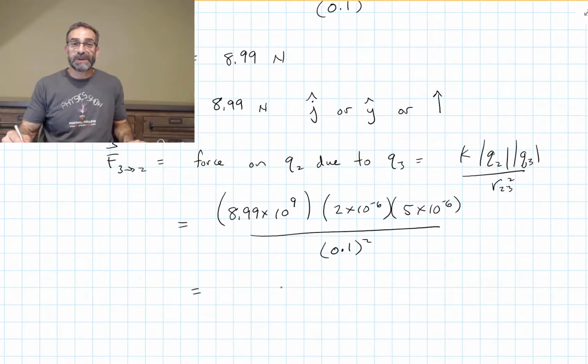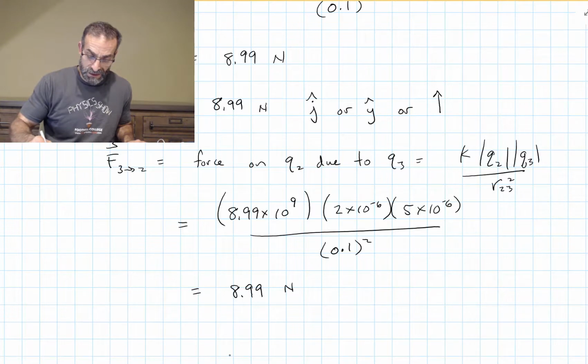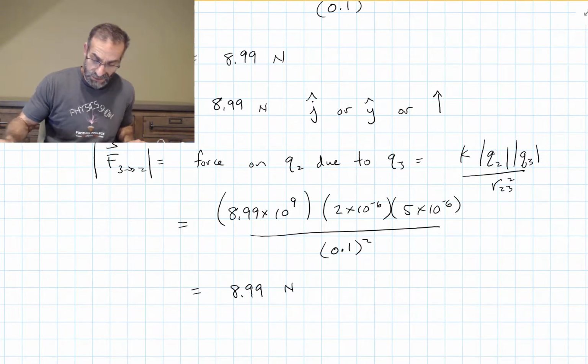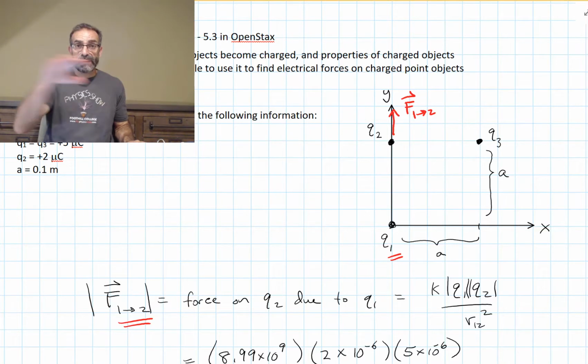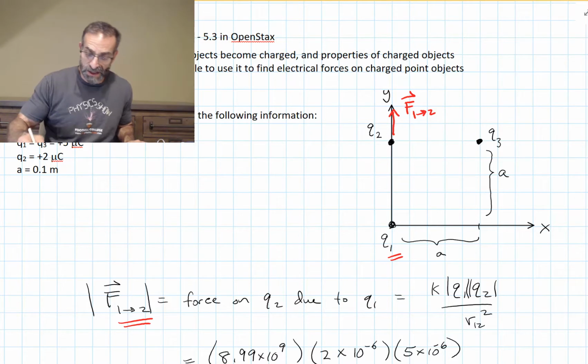And when we plug in the numbers, we get 8.99 newtons. Now let's find the direction. This is the magnitude. Let's find the direction. Q2 and Q3 are lined up horizontally with one another. The force will be either toward or away from Q3. And because they're both the same charges, they repel each other.